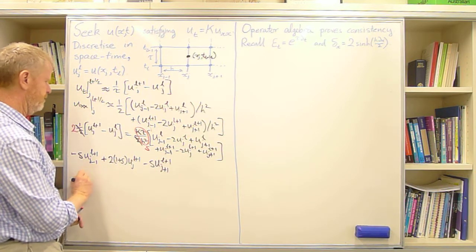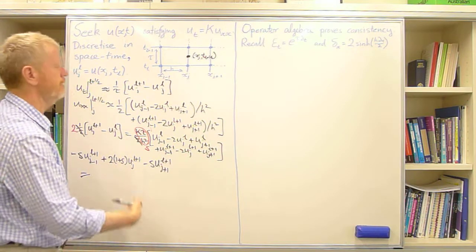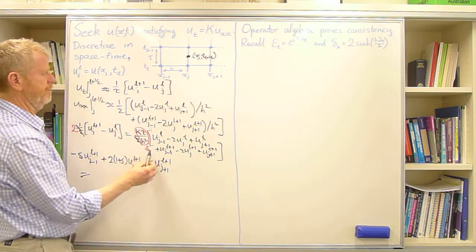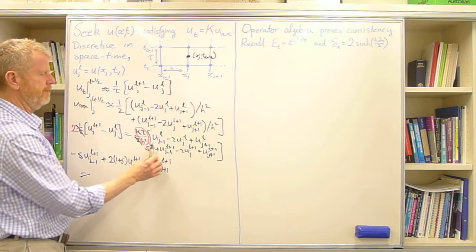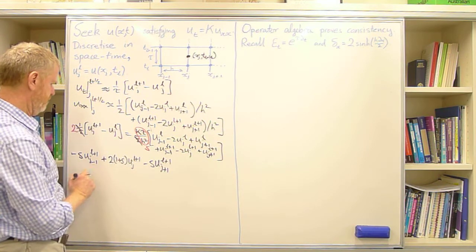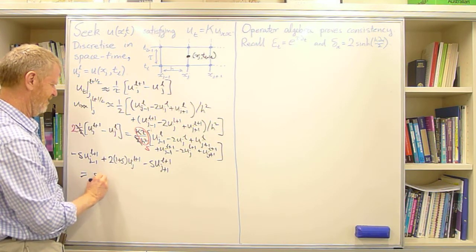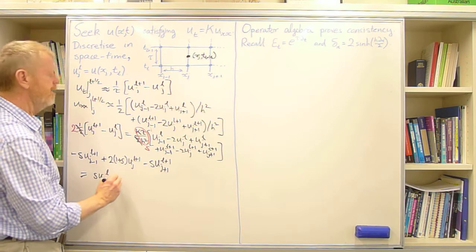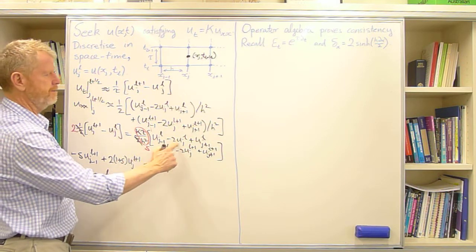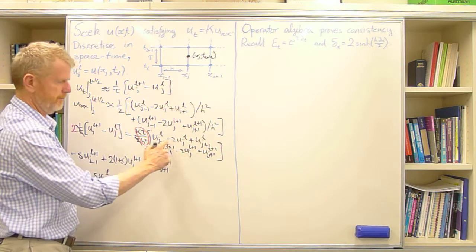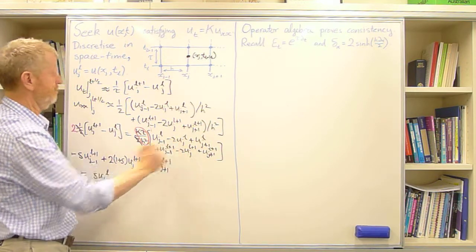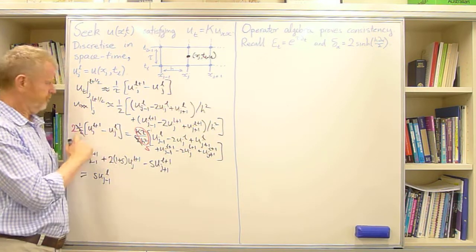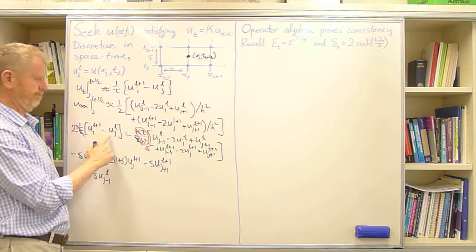And the right-hand side is all the time L things. So the first one is s times u_(j-1)^L. Then we've got s times u_j^L, but there's minus 2s u_j^L. There's also 2u_j^L on the left.